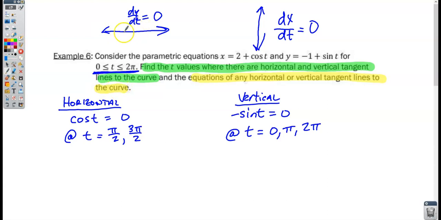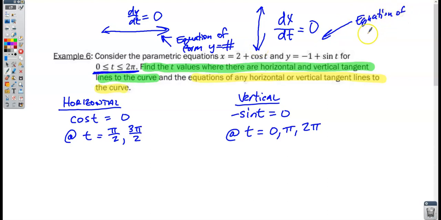Well, remember, the equation for any horizontal line is going to be of the form y equals some number. And the equation for any vertical line is going to be an equation of the form x equals some number. So for the horizontal tangent lines, we're going to take these t values and substitute them into our equation for y.